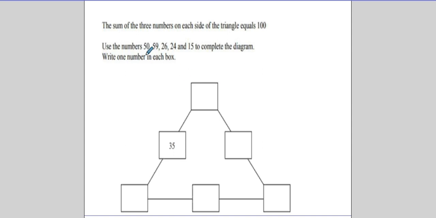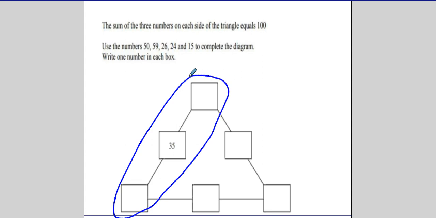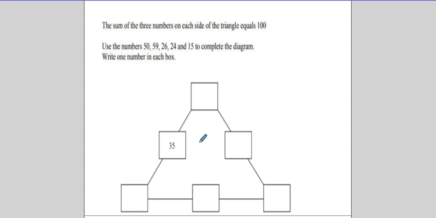Use the numbers 50, 59, 26, 24, and 15 to complete the diagram. Let us start from this side of the triangle because one number is given, so let us take advantage of this number.